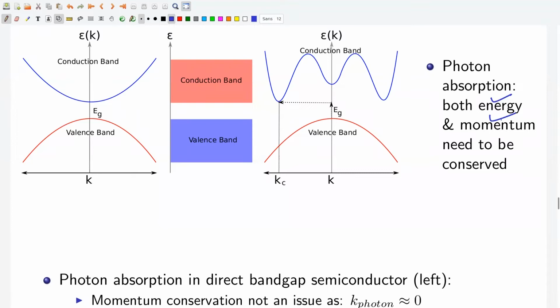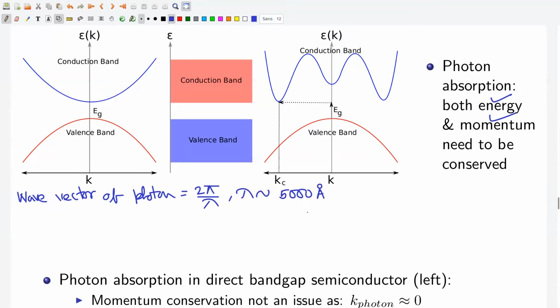If we consider absorption of visible light having wavelength of lambda, then wave vector of photon is equal to 2 pi by lambda, where lambda is of the order of 5000 angstrom.